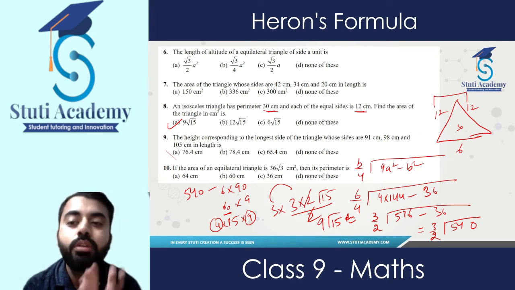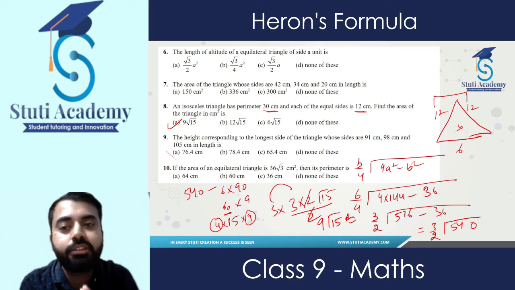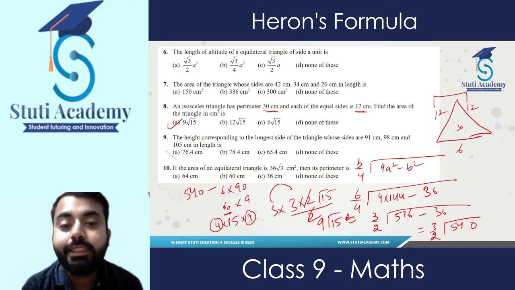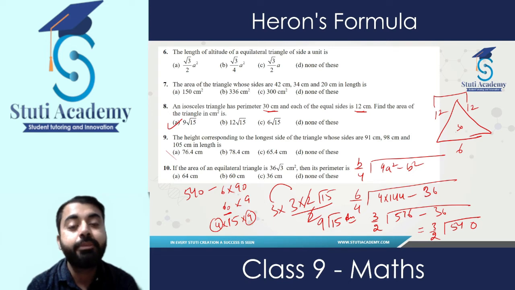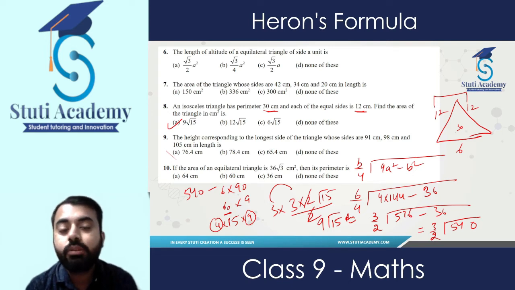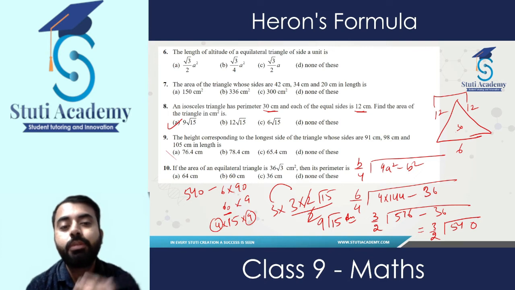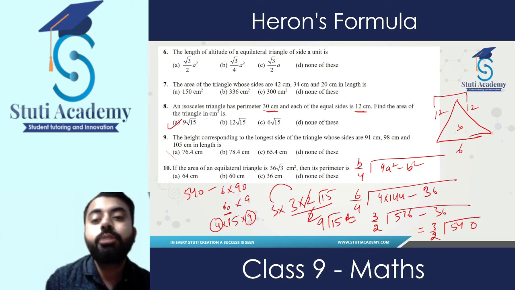You knew this figure was an isosceles triangle and its perimeter was 30. And each equal side was what? It was 12 centimeter. So if its equal side was 12, that means 12 plus 12 plus base will be what? 30, right? So subtracting 24 from 30, we got a base which was what?